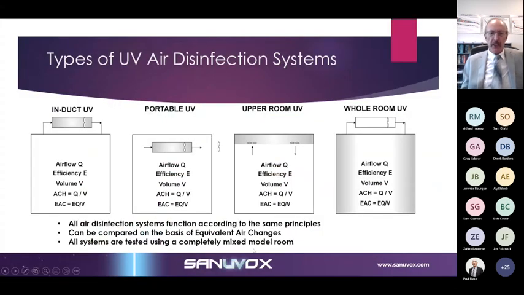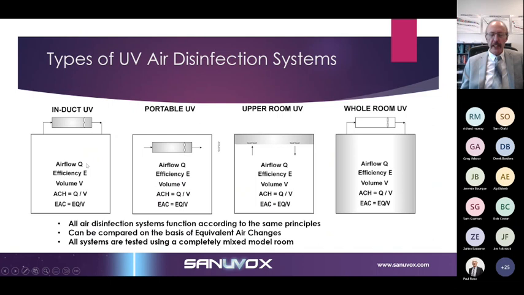Now let's look at types of air disinfection systems. I'm going to run through this fairly quickly. There are basically 4 types: in-duct UV, portable UV, upper room UV, and whole room UV. Now, in-duct UV and portable UV units are seen to be virtually identical. It doesn't really matter if the unit is outside or inside the room.